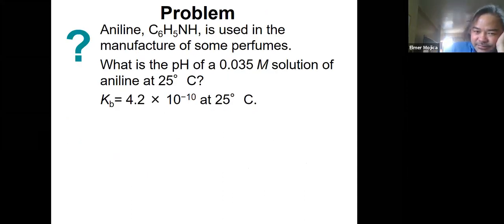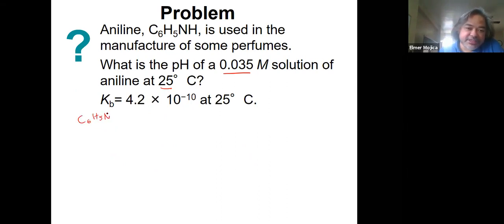So you have aniline. What's the pH of a 0.035 molar solution of aniline at 25 degrees Celsius? So the Kb is equal to 4.2 times 10 to the negative 10. So what we're going to do here, C6H5NH2, react it with water.